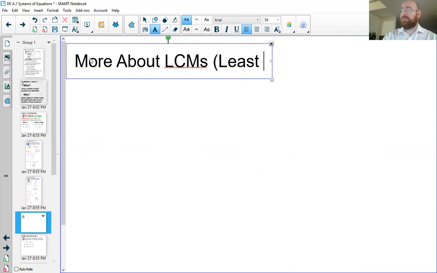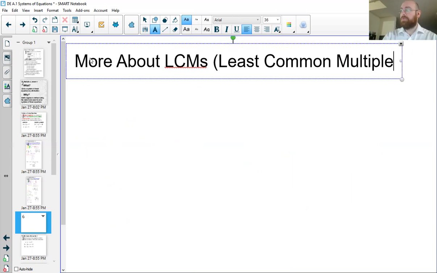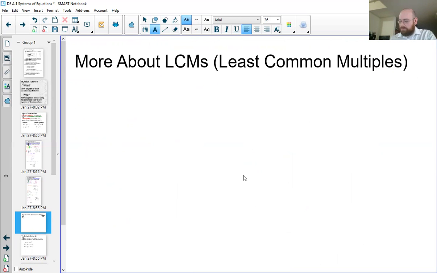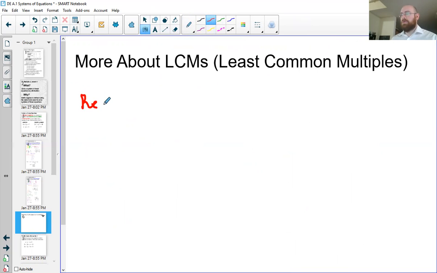So least common multiples. It can be helpful when we're thinking of least common multiples to recall our prime factorization.